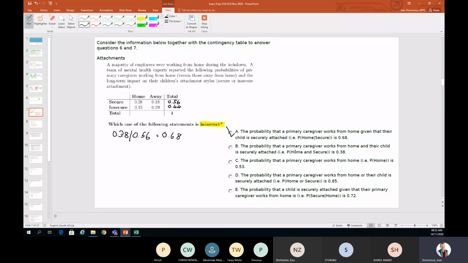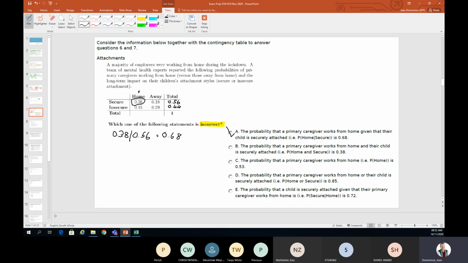The probability that the primary caregiver works from home and their child is securely attached. So work from home and securely attached is just that. It's already in the probability, so if it was a number, you would have taken that number still divided by the total sample.